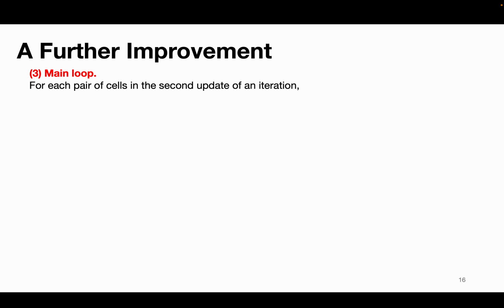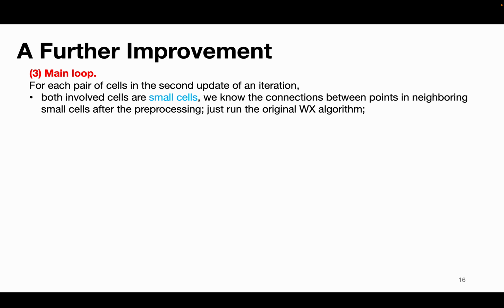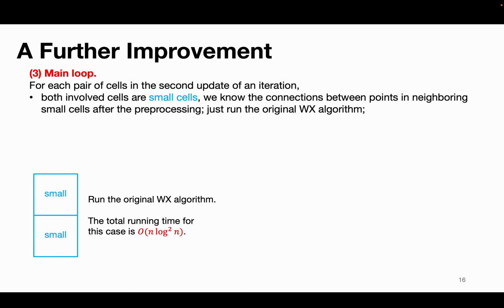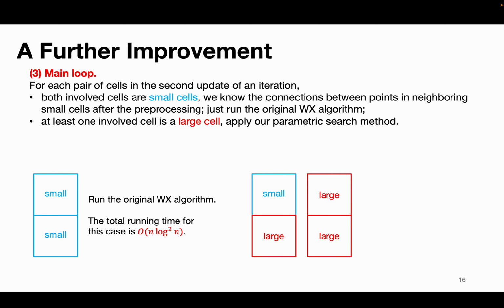For each pair of cells in the second update of an iteration, if both involved cells are small cells, we know the connections between points in neighboring small cells after the preprocessing, so we can just run the original WX algorithm. The total running time for this case is n log square n. If at least one involved cell is a large cell, we just apply the parametric search.